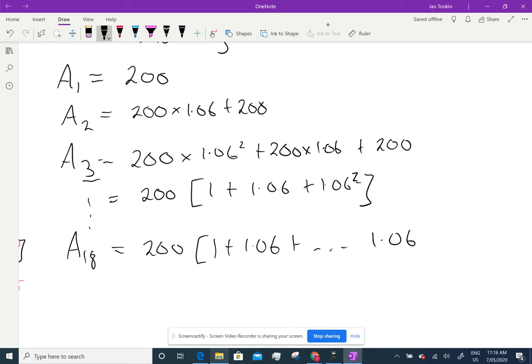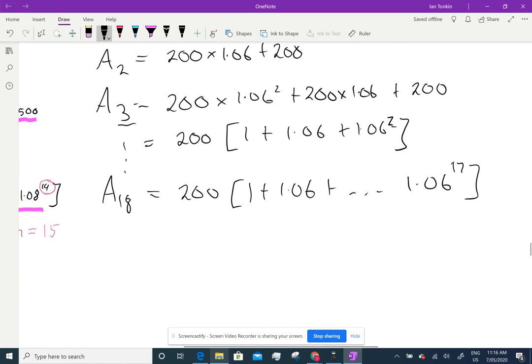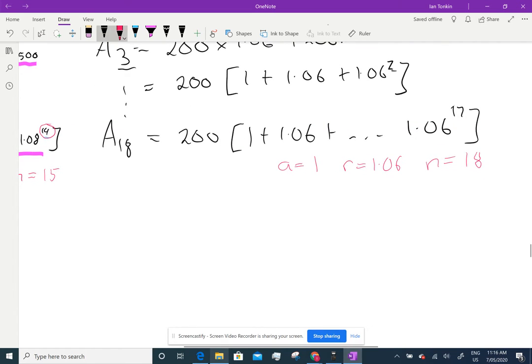See if you're smart, 17, one less. And I always like to write this, A equals 1, R equals 1.06 and N equals 18.